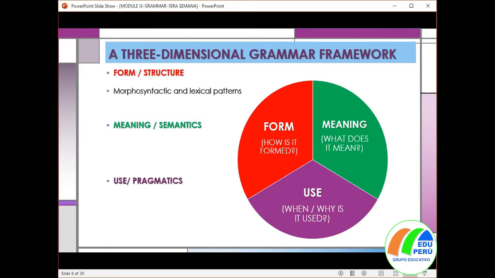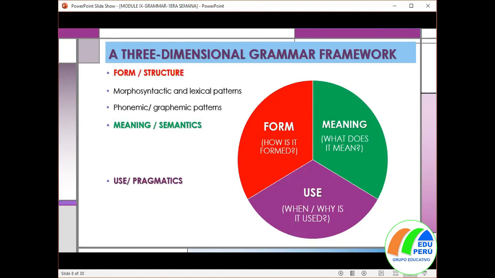Now, not just the morphosyntactic. We are going to analyze also the phonemic and graphemic patterns, so the pronunciation and the spelling. That's why you have some pronunciation rules and some spelling rules when you talk about some grammatical structures.